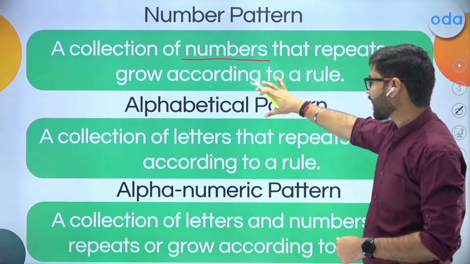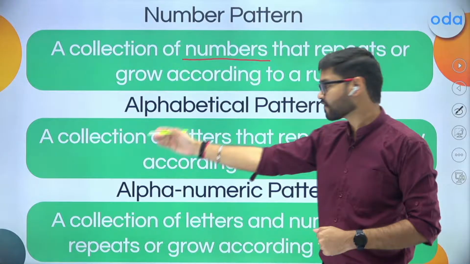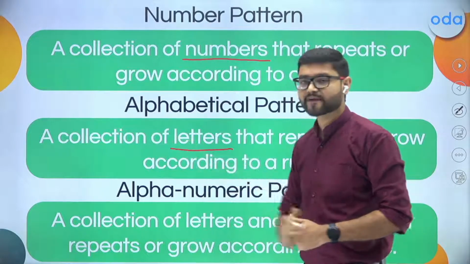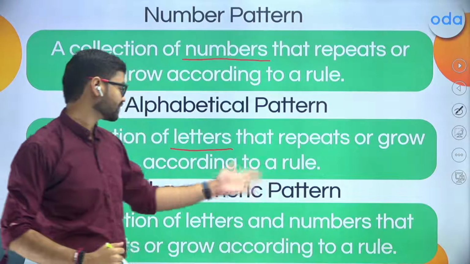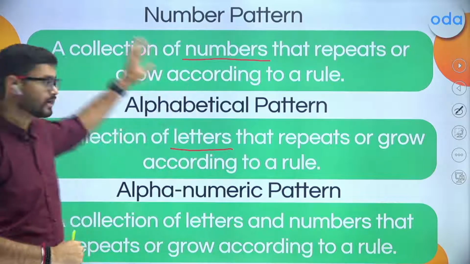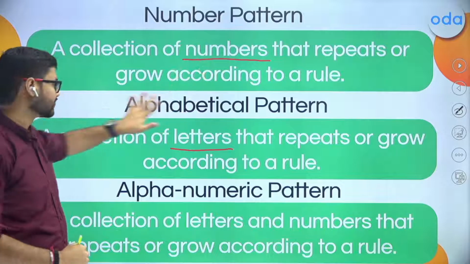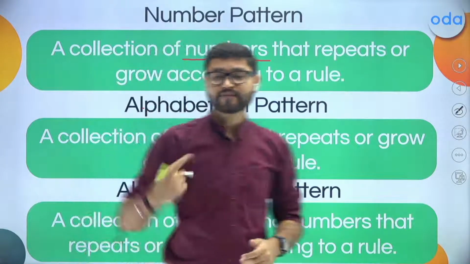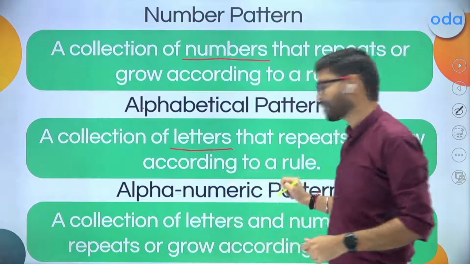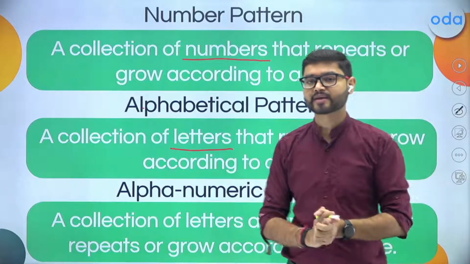When we talk about the alphabetical pattern, again we have a collection of letters. This time we have the collection of letters that repeats or grows according to a rule. Right? Numbers over here, letters over here. Number pattern, numbers, alphabetical patterns, we have alphabets over here. But when we talk about the alphanumeric pattern, this alphanumeric word is made up of two words by combining the two words.